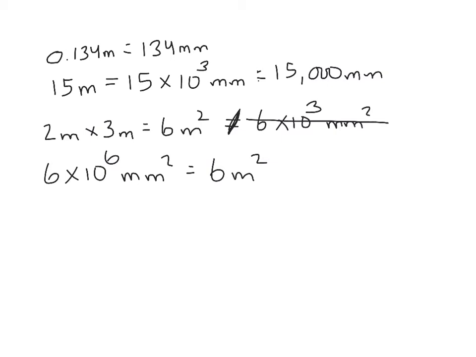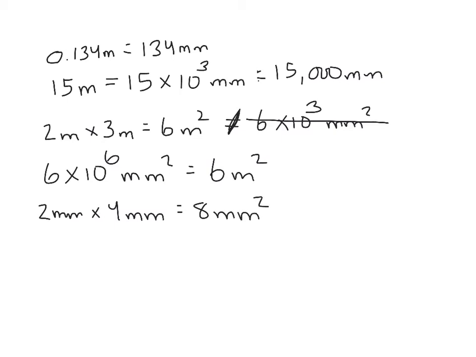Okay, now to go the other way, let's say that you were working in millimeters and you needed to go to meters squared. So let's say you had a problem that was 2 millimeters times 4 millimeters. Well, then that would equal 8 millimeters squared.